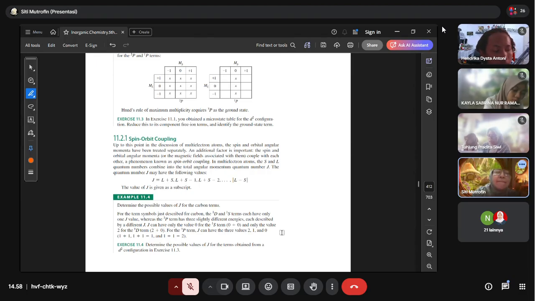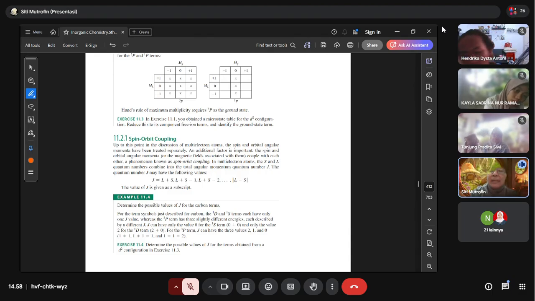Any questions? Tunjung or others, do you have any question related to how we find the G value?